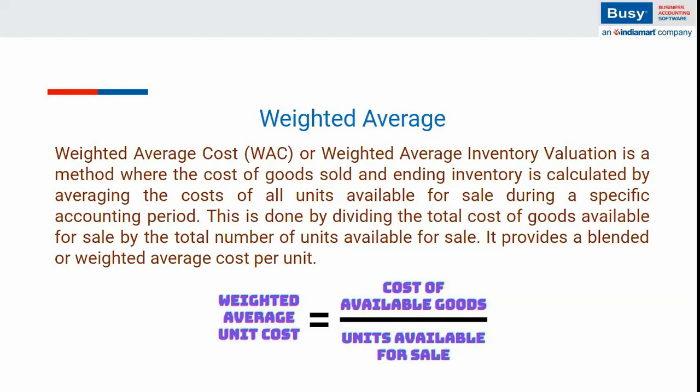This is done by dividing the total cost of goods available for sale, that means the total cost of goods available in your godown, by the total number of units available for sale, meaning the total quantity available for sale. It provides a blended or weighted average cost per unit.